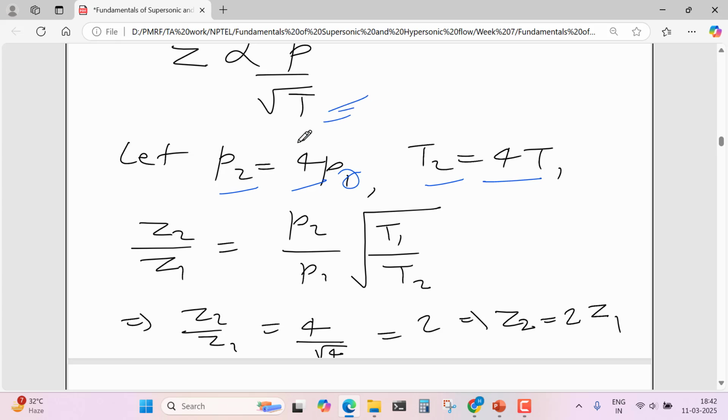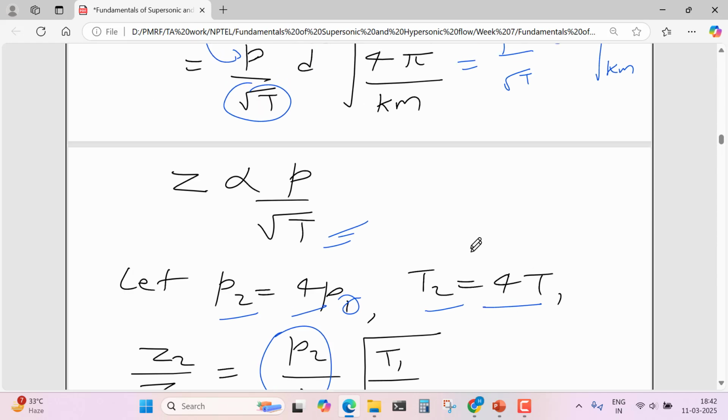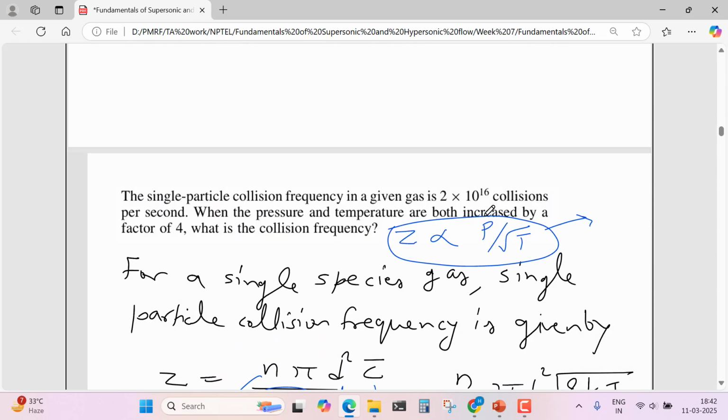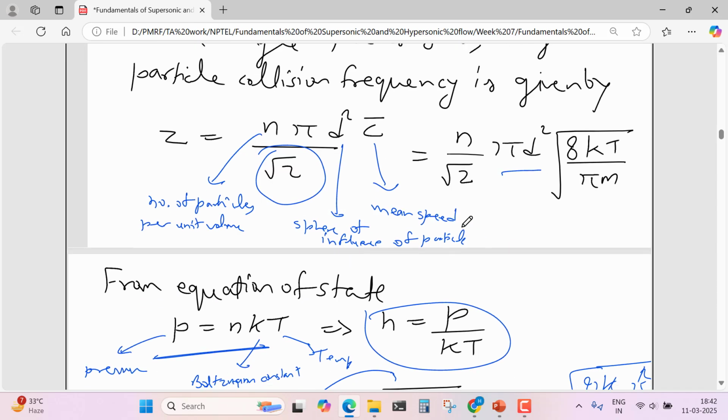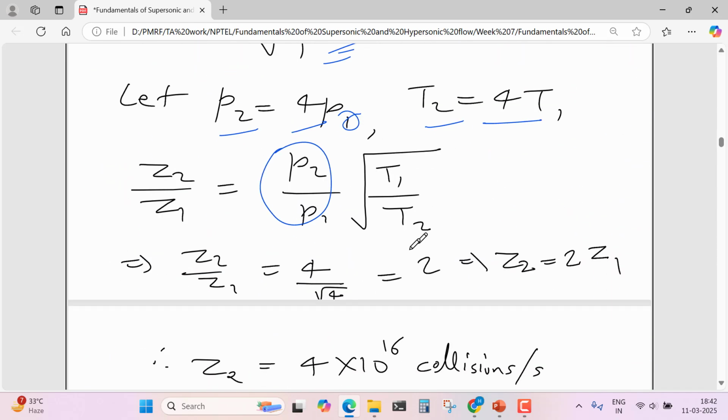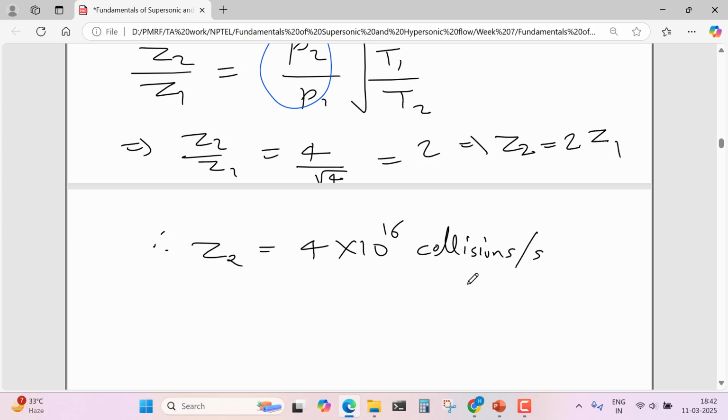P2 upon P1 is 4, and T2 upon T1 is also 4. If we substitute, we get Z2 upon Z1 equal to 4 upon under root 4. Under root 4 is 2, so 4 upon 2 is 2. So Z2 will be 2Z1. The value of Z1 is 2 into 10 to the power 16. Multiply it by 2 and it becomes 4 into 10 to the power 16 collisions per second. This is the answer.